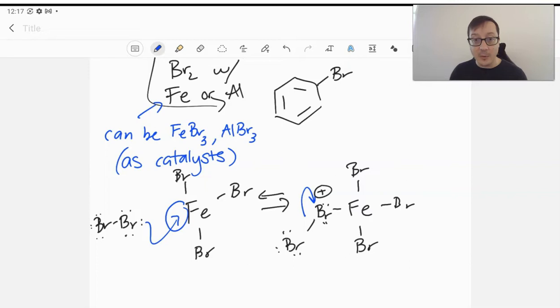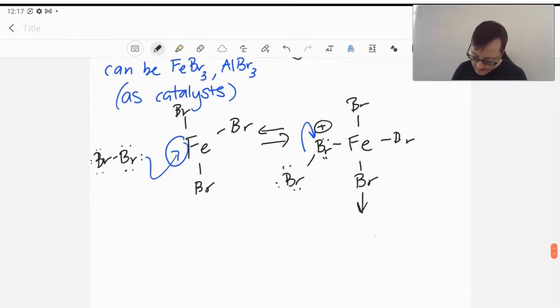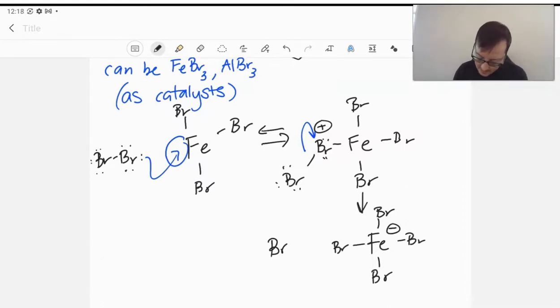It's going to break heterolytically and all of the electrons will go to the bromine in order to stabilize it, thus kicking out one bromonium ion, or rather a bromine cation. So overall we have this negative complex, and we're left with a bromine with only 6 electrons and a positive charge. And so, as a result, this now is an excellent electrophile.